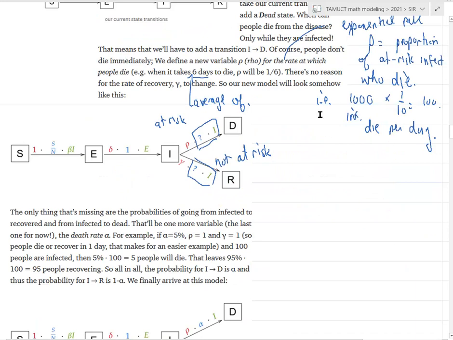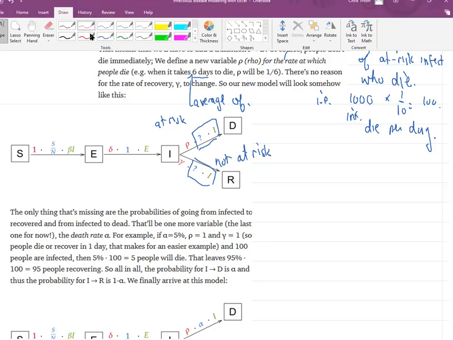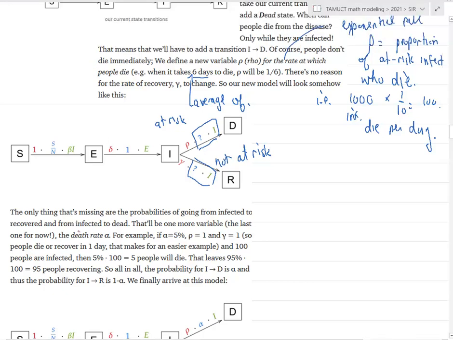Well, he does call it the death rate. I'm not sure this is really accurate, because I would not call this the death rate, I would call it the at-risk rate, because it's not the rate of people dying. Okay, so this is not quite accurate.